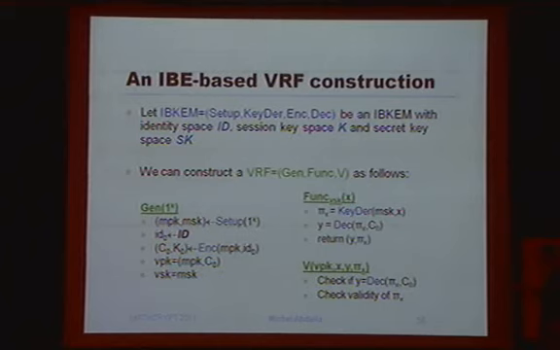So the input x of the VRF becomes the identity in the construction. This becomes the proof, and the output of the function becomes the decryption of C0 with respect to this key. To verify, we check that this decrypts correctly, and we check the validity of pi of x, meaning that this is a unique signature with respect to x.